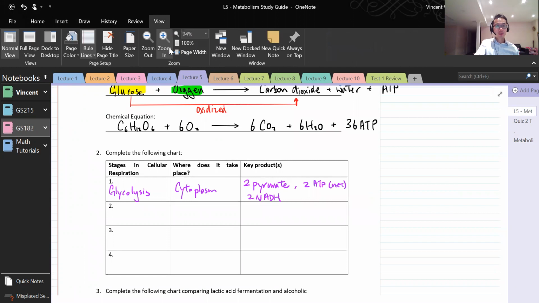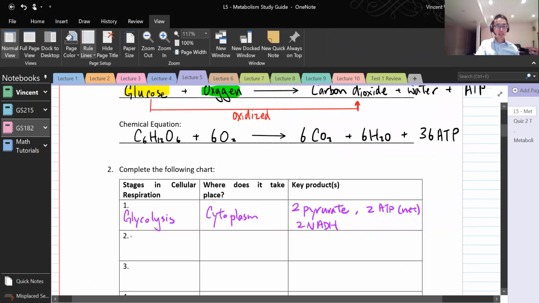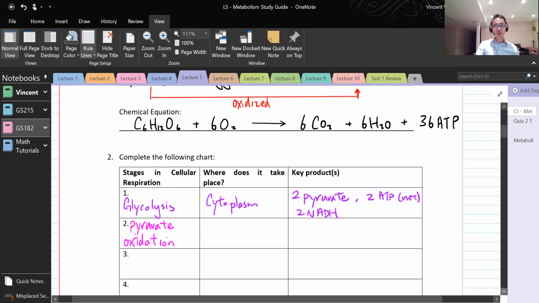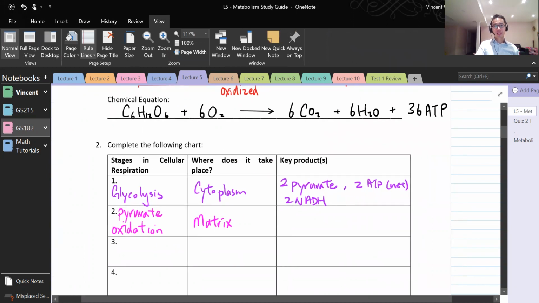So step number 2 is going to be pyruvate oxidation. You're going to be oxidizing the pyruvate. We're going to be stripping electrons from it. And this happens in the matrix, the innermost portion of the mitochondria. And we are going to get 2 carbon dioxide from this per glucose.